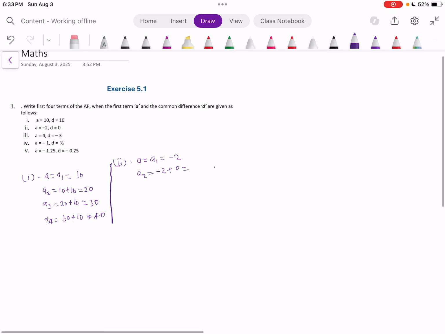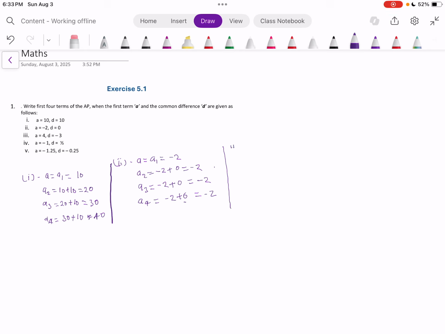This is going to be -2. A3 is going to be previous term plus the difference, 0. It's -2. A4, previous term, that is A3, -2 plus 0. So it is going to be -2. You can see that all the terms are going to be -2 because the difference is 0. So that's the series that we have.